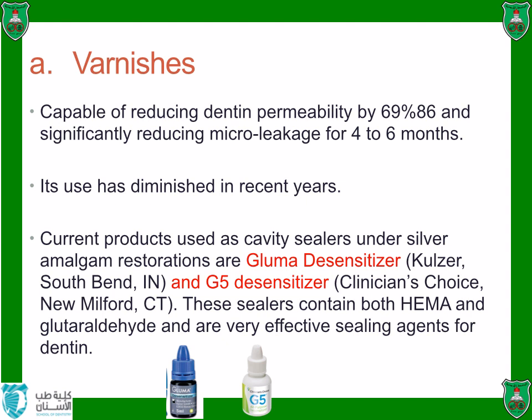However, in your practice in the future, it's better to use Gluma desensitizers and G5 desensitizers because they seal the dentine more effectively compared with varnishes. Now, as homework for everybody, I want you to go to the internet, search for the application steps for Gluma desensitizer and G5 desensitizer, and learn how they are applied to the dentine and what the steps are.